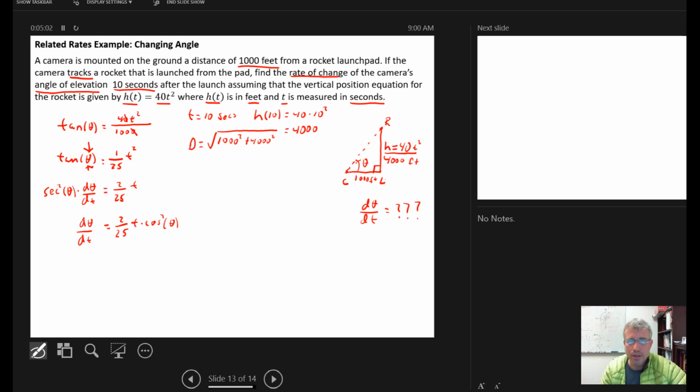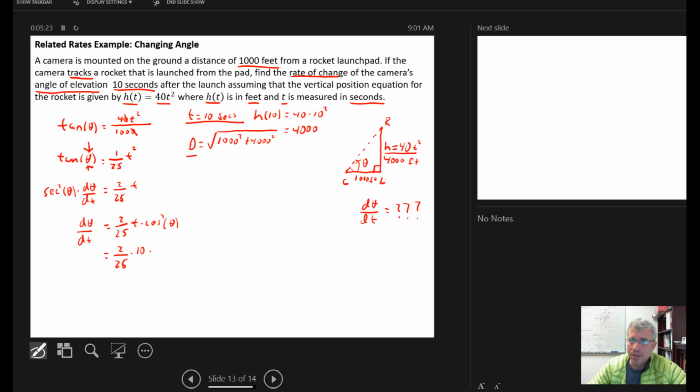So now to find d theta dt at the 10-second mark, we're going to need to plug in our variable values. So we're going to get 2/25 times time, so that's times 10 seconds, times, now we just need to know what the cosine squared of theta is.